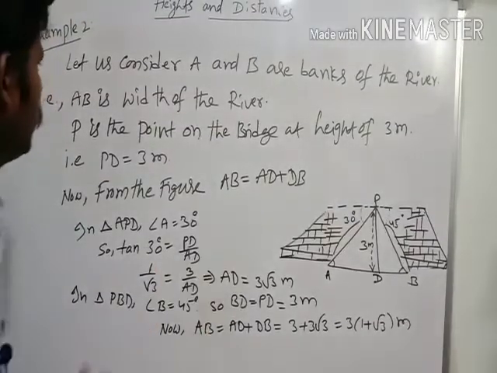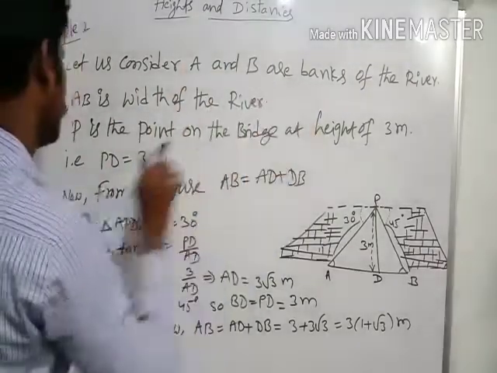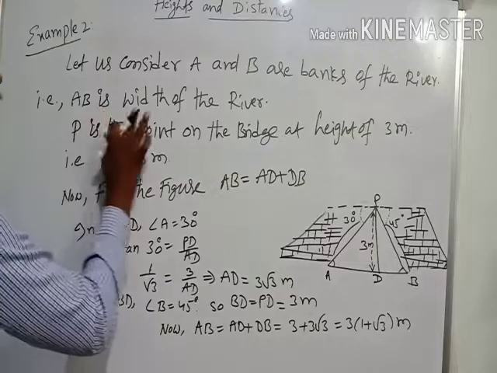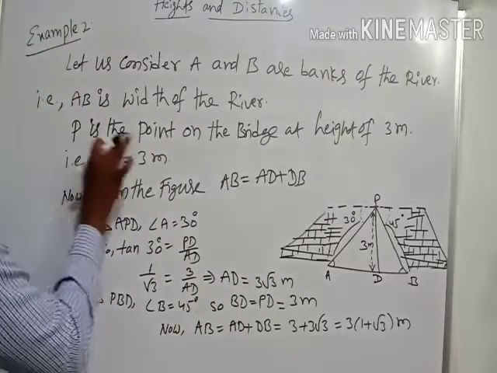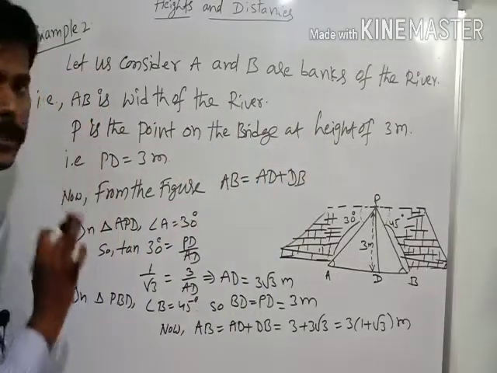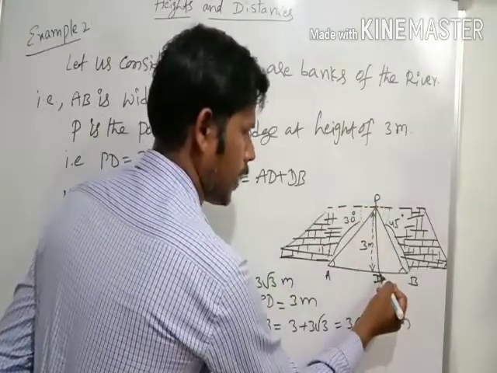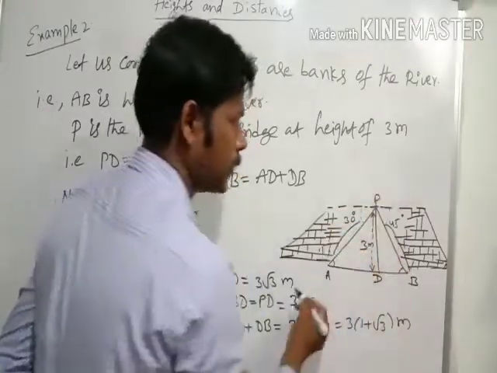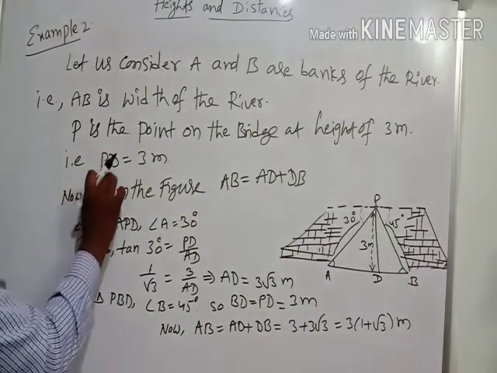Now let us consider A and B as the banks of the river. That is, AB is the width of the river. P is the point on the bridge at a height of 3 meters. The height of the point from the surface of the river is 3 meters, that is PD equal to 3 meters.